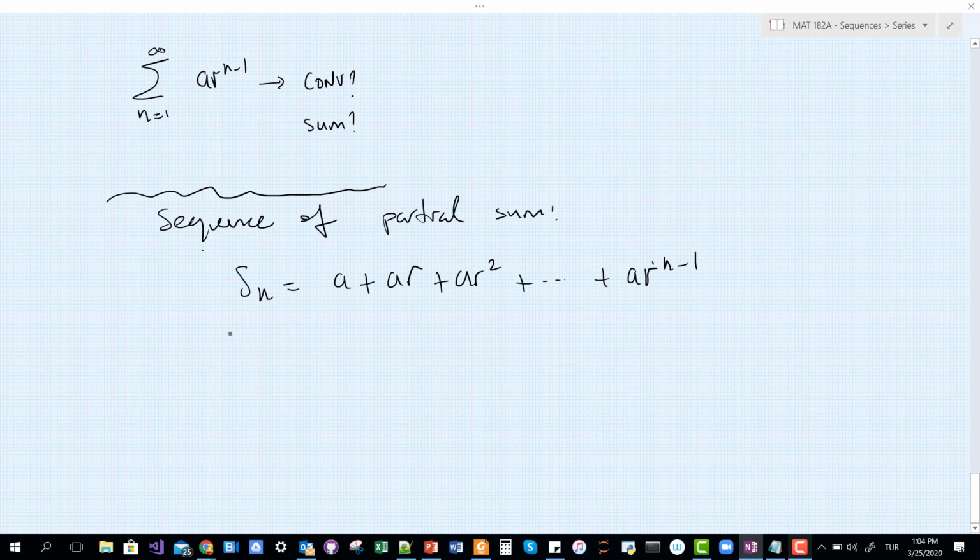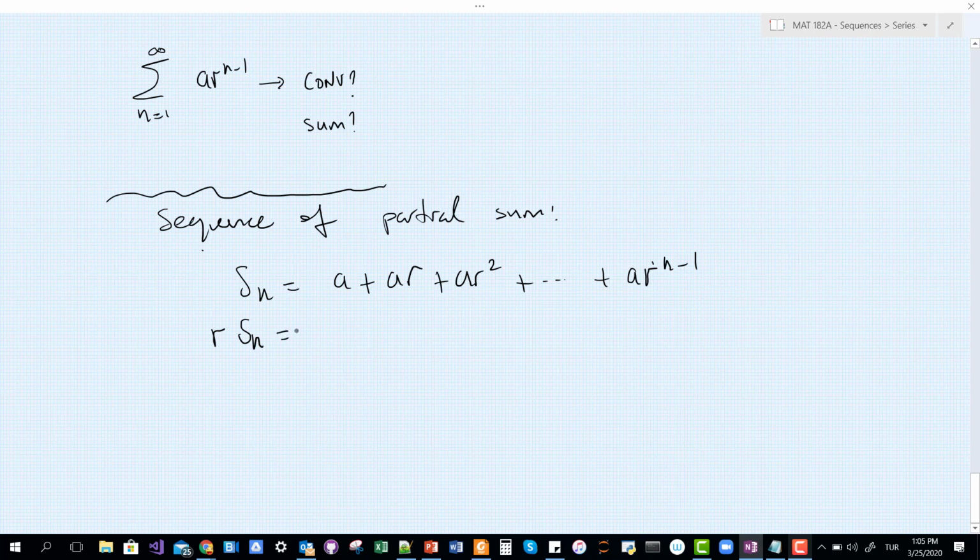In the next step, since I need to find the limit of this, and look at it, I cannot take the limit of this sum. That's why I need to do some algebraic operation so that I can find the limit of this partial sum. What am I going to do? I will use some algebraic technique. I will multiply my partial sum by r.